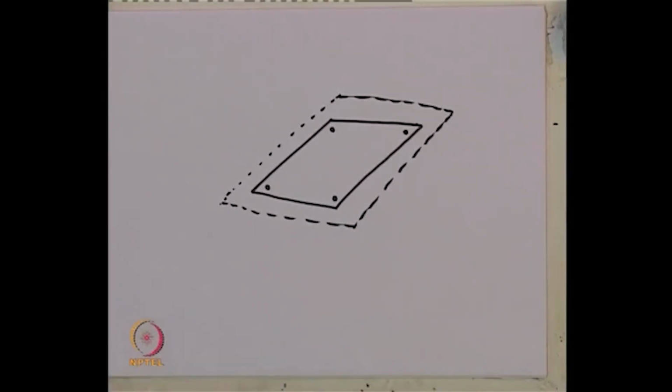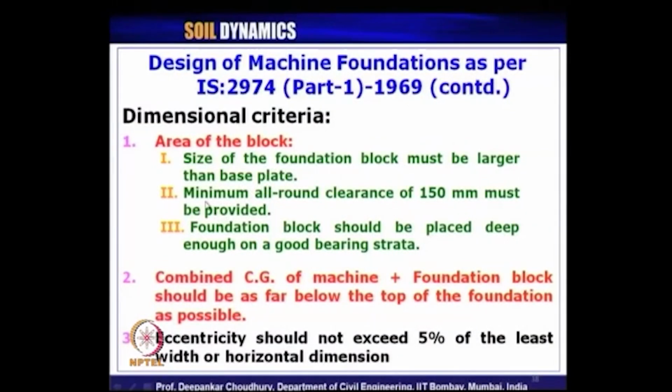So, let us look at the slide again. The second criteria says a minimum all around clearance of 150 millimeter must be provided. So, this is the second guideline.